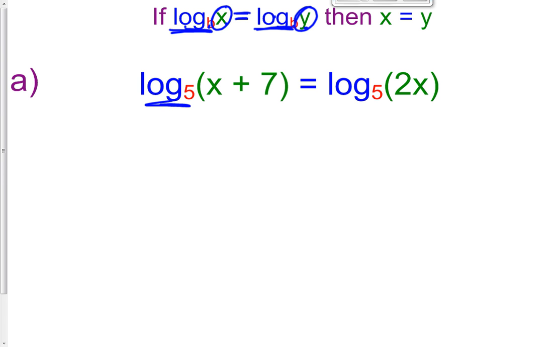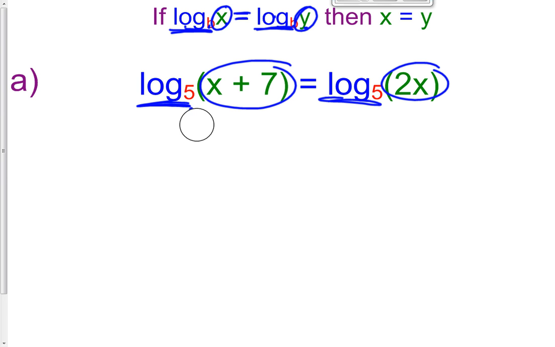So if we have log base 5 and log base 5, we can say that x plus 7 equals 2x. If this was log base 6, we cannot do that anymore because our bases are different. But as long as our bases are the exact same, we can set what they equal to each other.